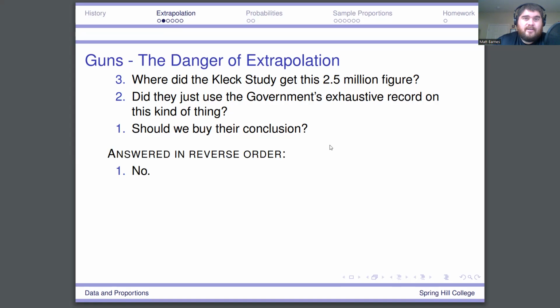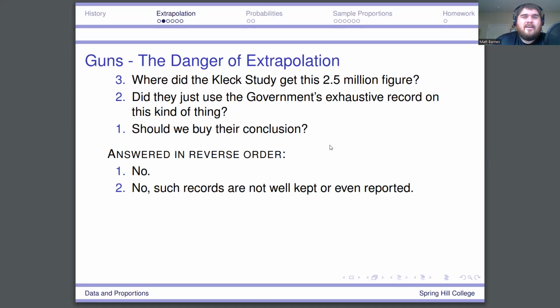To answer in reverse order, no. Not saying they're wrong necessarily, but taking it at face value is not exactly the smartest thing to do. The second thing, did they just use records?